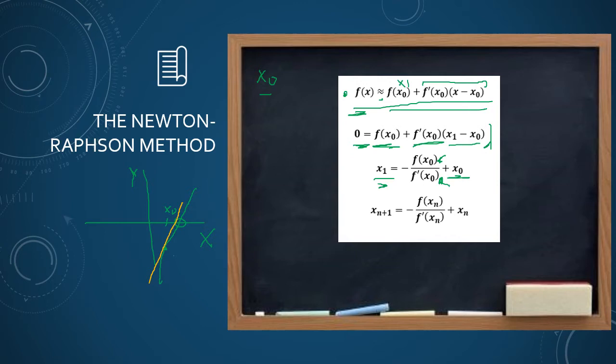Instead, we'll replace our x1 with x2. We can keep doing this, and we're going to get a similar equation for x1, x2, x3. In general, it'll be in this form: x of n plus 1 will equal the negative of the function evaluated at xn, divided by the derivative of the function evaluated at xn, plus xn.